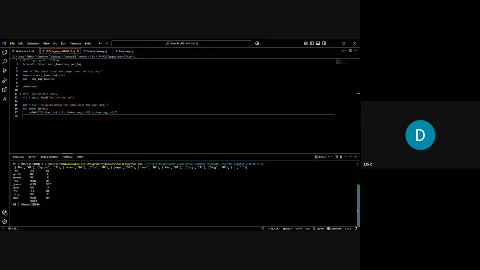The is assigned to determiner, and the short form of determiner is DT. Quick is an adjective, and the POS tag for adjective is JJ. Brown is also an adjective, so it is assigned JJ. Fox is a noun, so it is assigned NN.